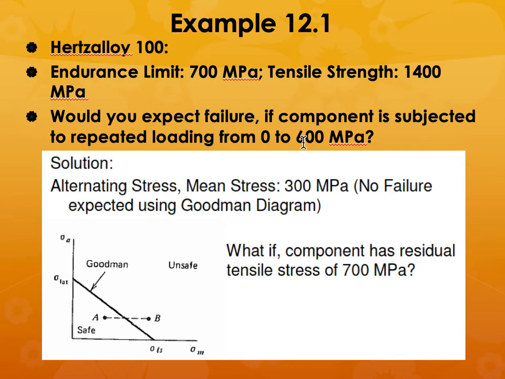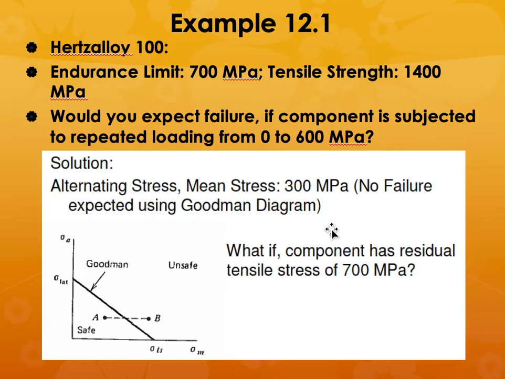Would you expect failure if the component is subjected to repeated loading from 0 to 600 megapascals? Alternating stress means the mean stress is equal to 300 megapascals, and no failure is expected using the Goodman relationship.